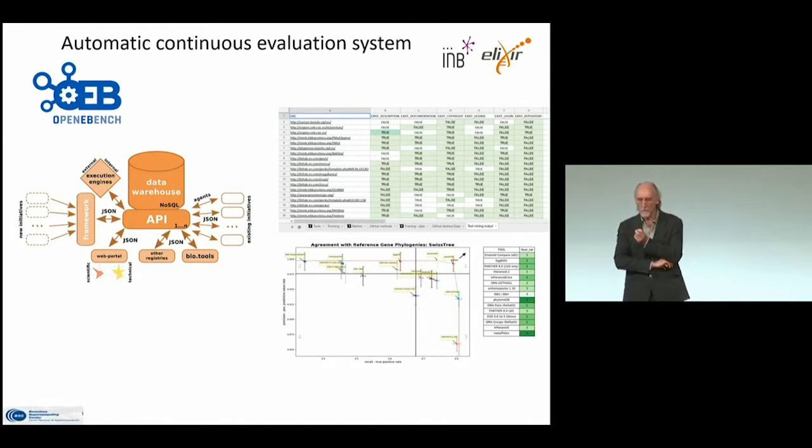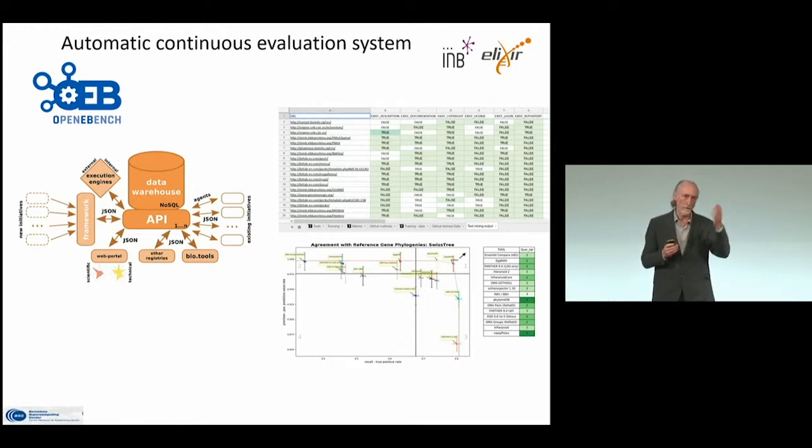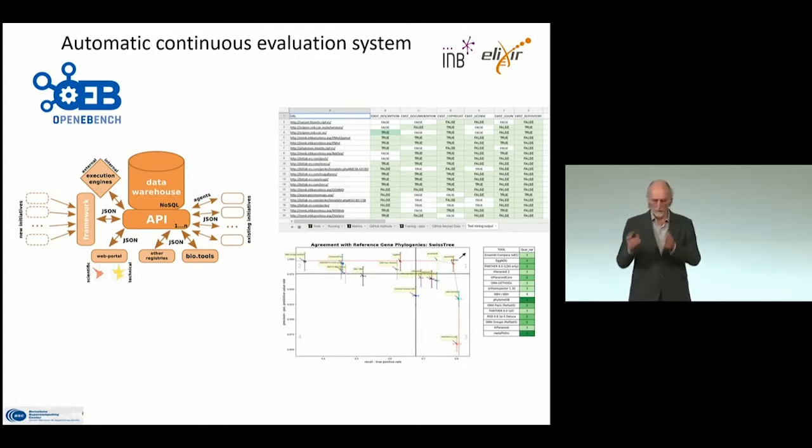One of the things that we are more interested in the context of Elixir are automatic systems for benchmarking bioinformatics methods. So we are interested not only in providing methods for analyzing this. In this case, for example, text mining will be the next example.